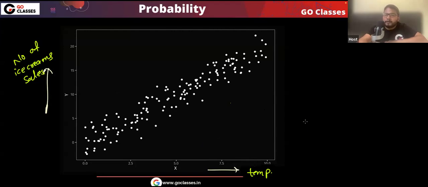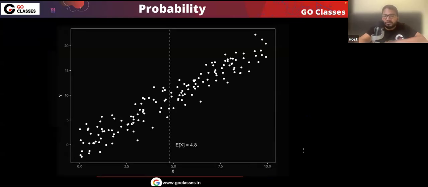How? If you remember the formula, it is basically x minus Ex into y minus Ey. First I need to calculate Ex and then Ey. Ex means if you take the average for all the x, it is coming out to be 4.8. Is this visible, by the way?